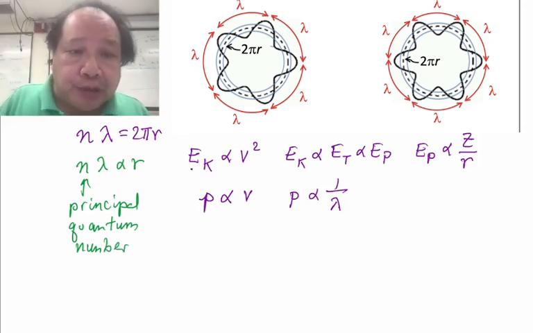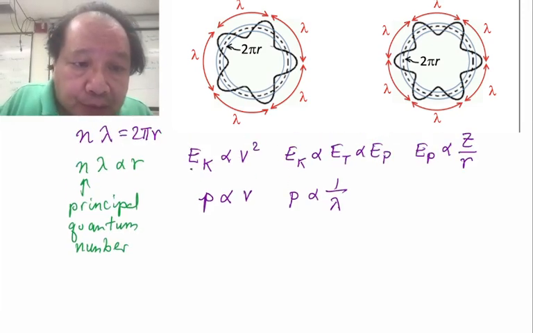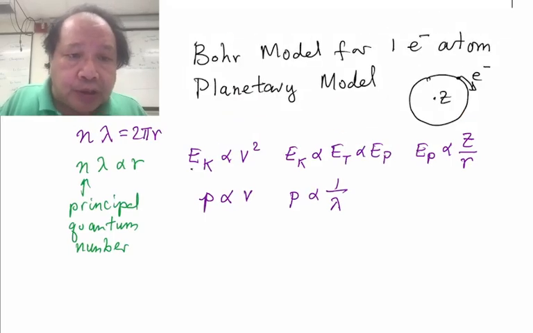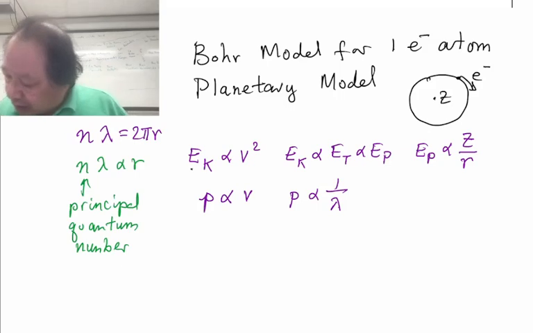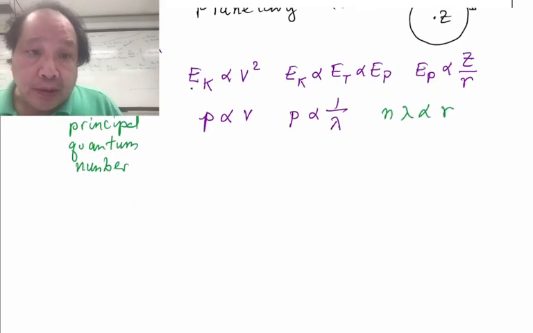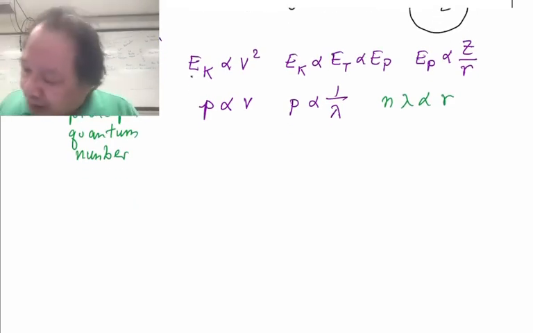Okay, well, we don't need this picture anymore, so I'm going to move it up top again, and now we'll use these equations. And first, let's get that proportionality relationship over here. N lambda is proportional to R. Okay, so these are our 6 proportionality relations.